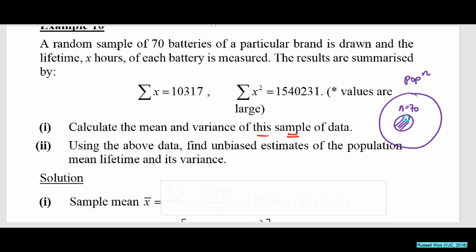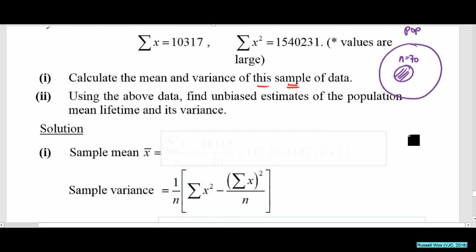You are trying to find the sample mean, and then the sample variance. That is the 70 only. Got it? Okay?